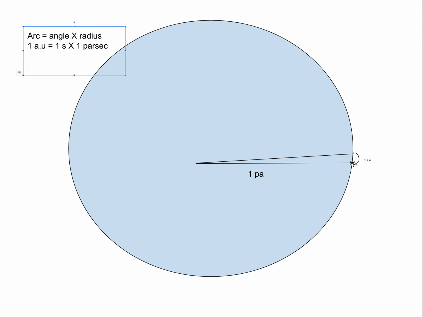To find it, we do this: 1 parsec is equal to 1 astronomic unit divided by 1 second.